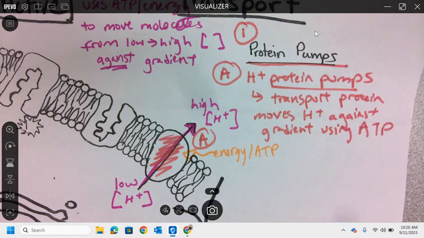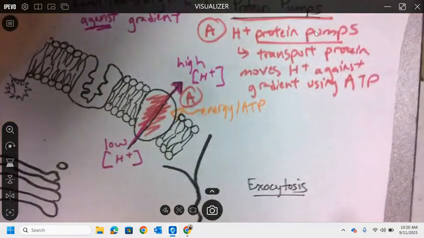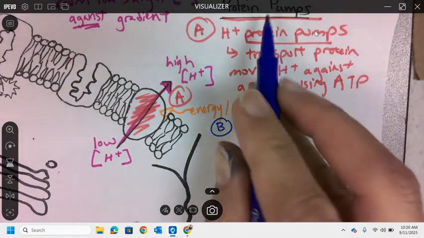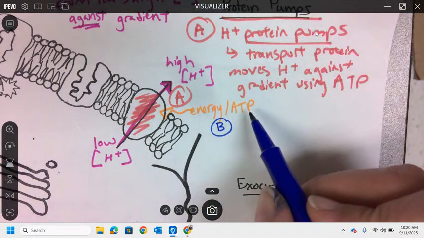Another example of a protein pump is the sodium-potassium pump. The sodium-potassium pump is used to reset the nervous system after it sends a message. So it's incredibly important in our bodies. So we'll label that as B. That fits under protein pump as an example.